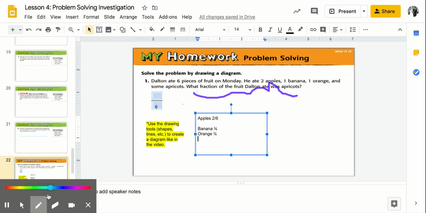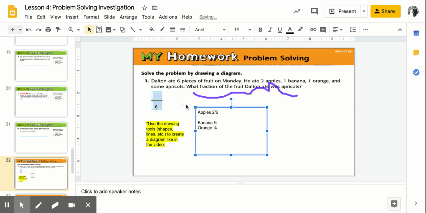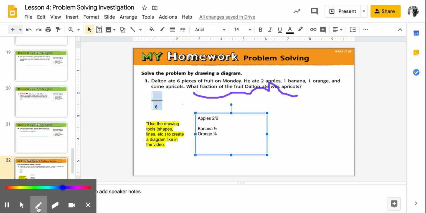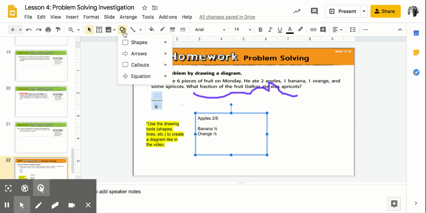So then with my drawing tool I can make a dot for 2 apples, a dot for 1 banana, a dot for 1 orange. Oh no, my drawing tool went away. Let me try without a drawing tool. Let me do a picture.